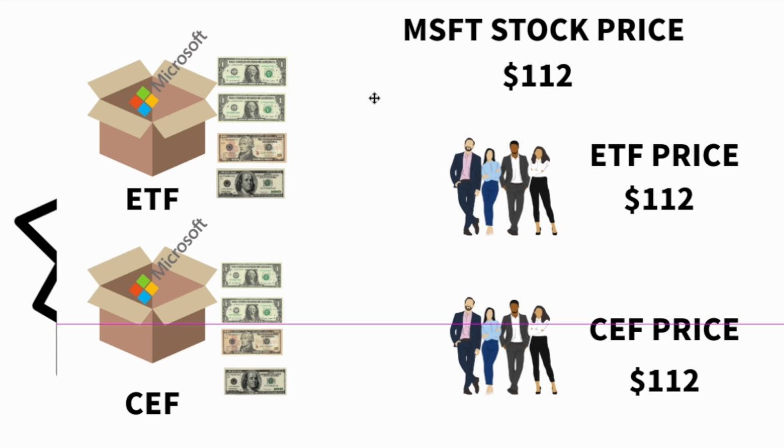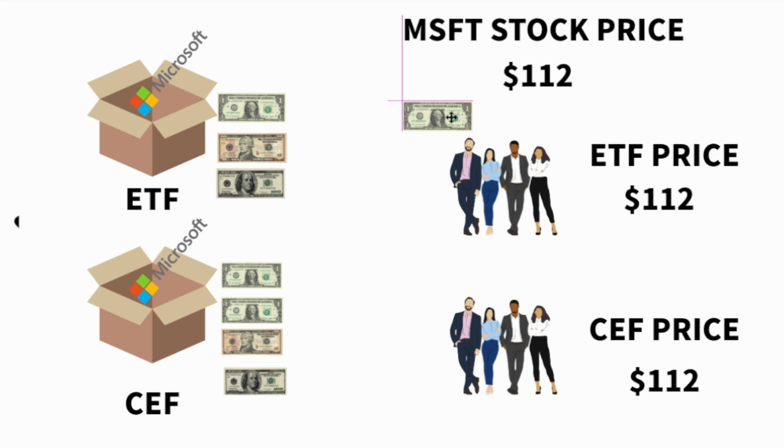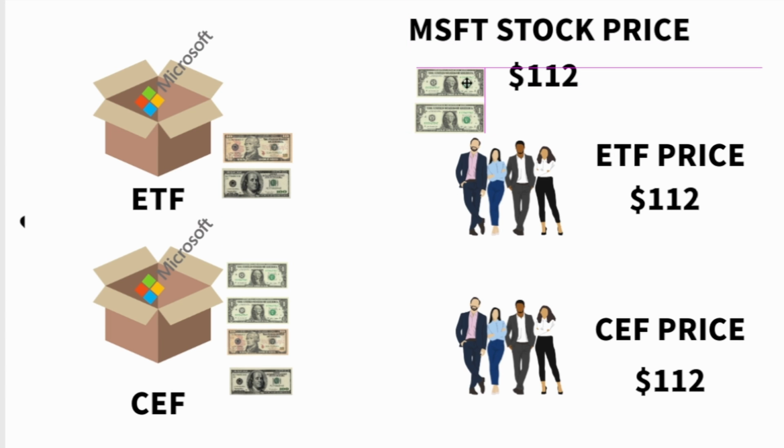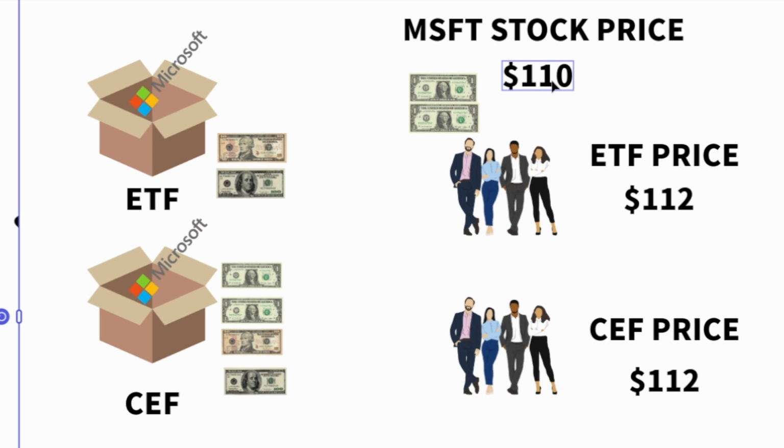Microsoft pays out the $2 dividend to the ETF holders, right? So they get $2. The Microsoft stock price drops down to 110, and the ETF stock price drops down to 110. So basically, they have $110 in net asset value here, plus they have $2 here. So what is their yearly gain?